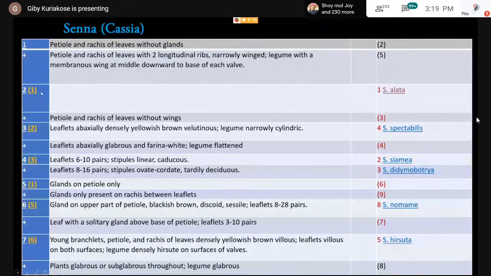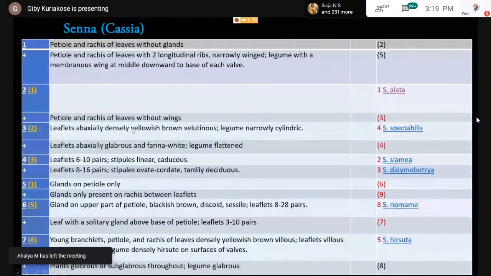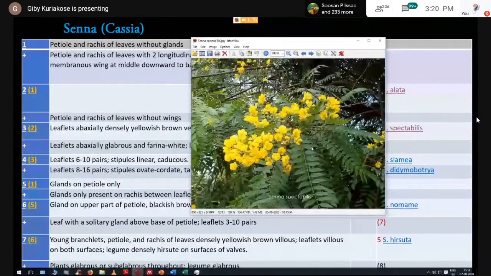In between, if you are not ending up with this Senna alata, then you have to go for the additional key for 2. Petiole and rachis of leaves without wings. Okay. Then you have to go to 3. Okay. Then 3 deals with leaflets abaxially densely yellowish brown velutinous, legumes narrowly cylindric, and this is spectabilis.